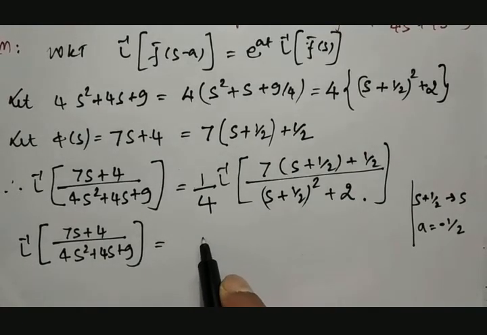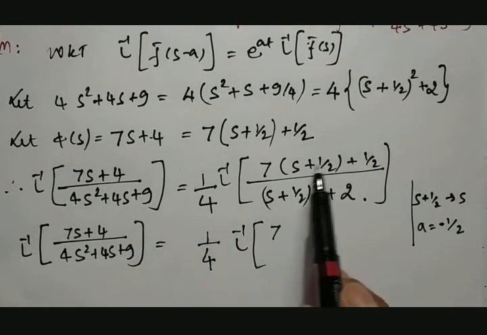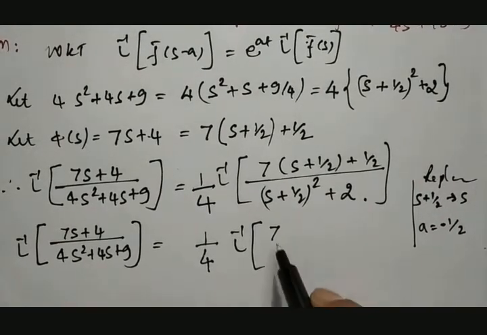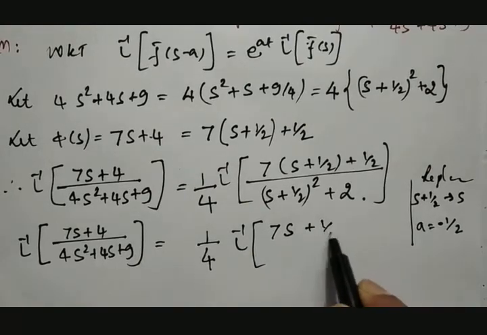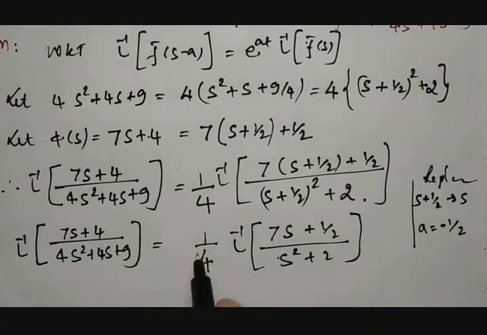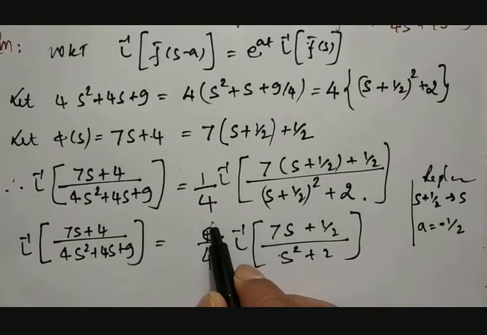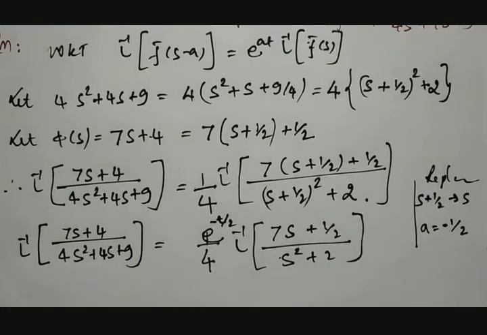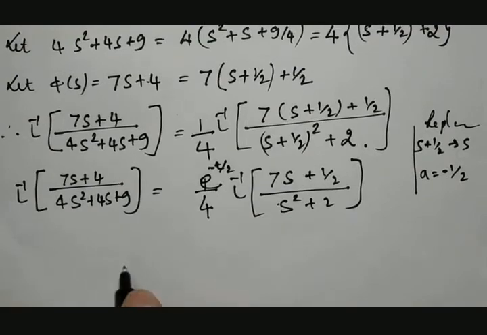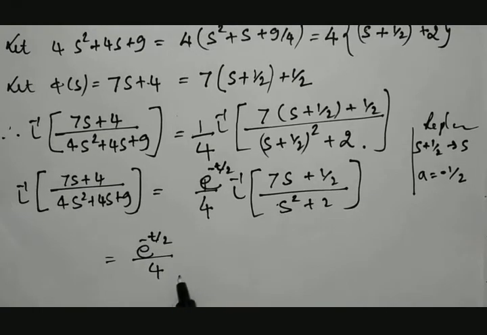Therefore, this becomes 1/4 into Laplace inverse of 7, with s + 1/2 replaced by s, so it becomes (7s + 1/2) divided by s² + 2. Immediately it will be multiplied by the exponential e^(at), where a is minus 1/2, so it is e^(−t/2).